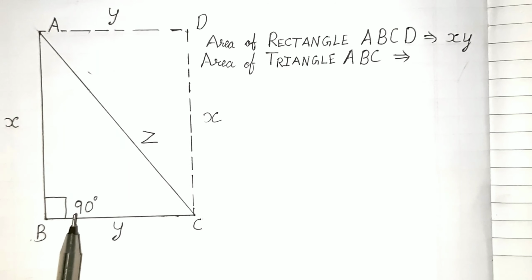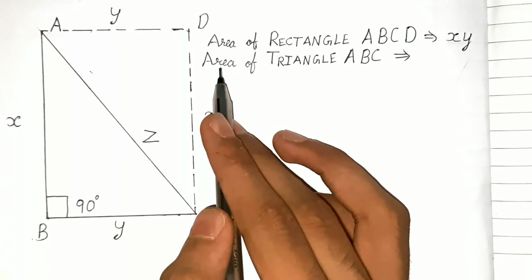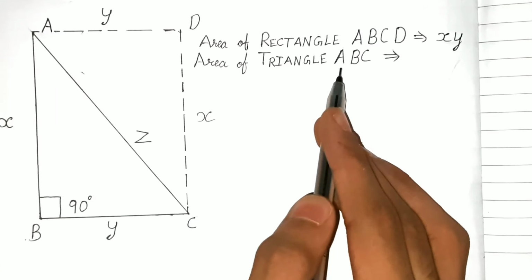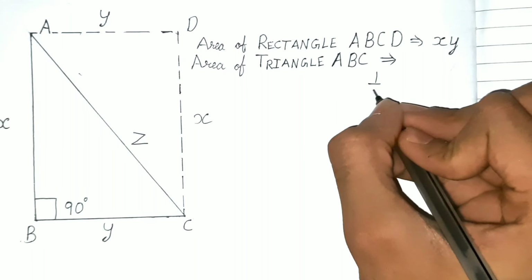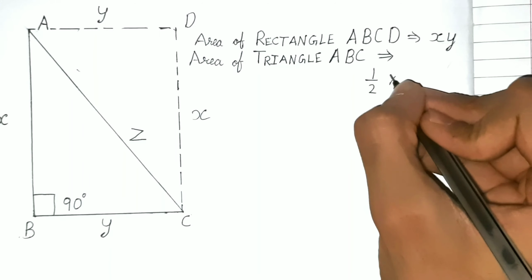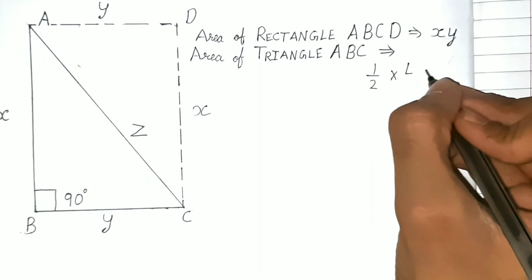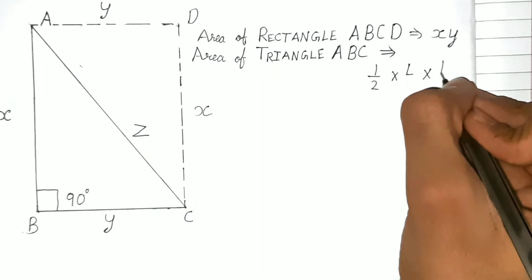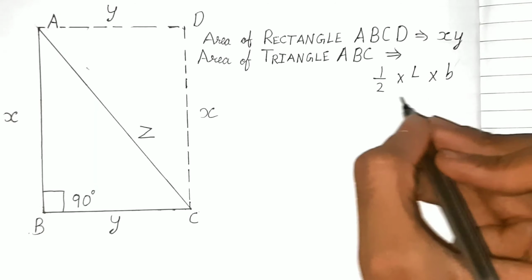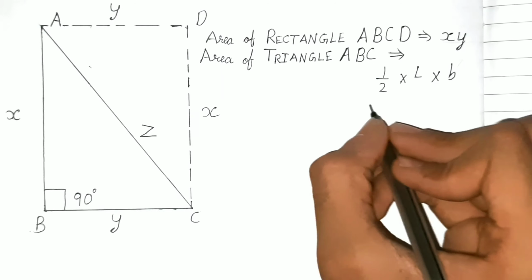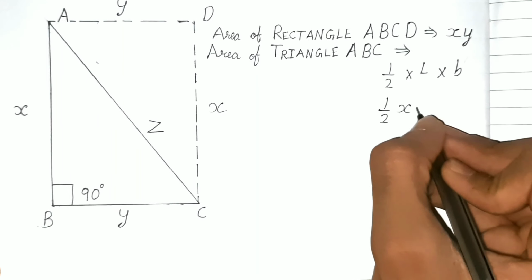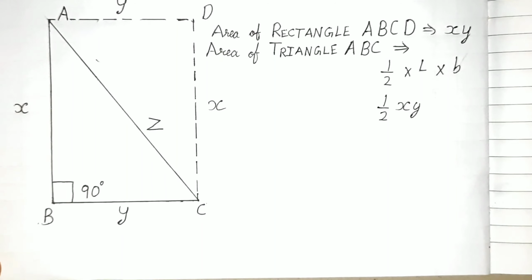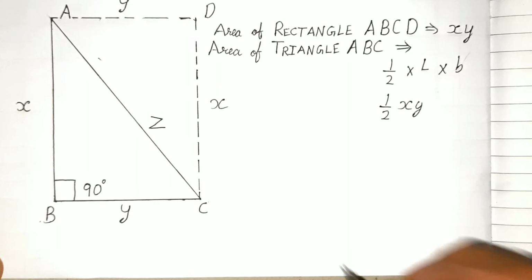So the area of triangle ABC would be 1 by 2 into L into B, that is length into breadth into half. Now instead of L and B we'll put X and Y, so 1/2 XY. So this is the formula for a triangle.